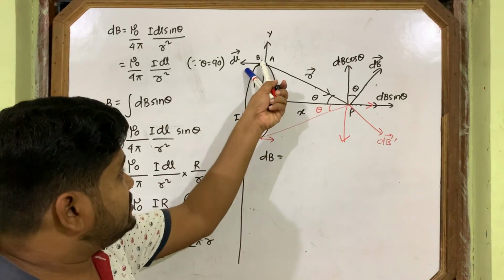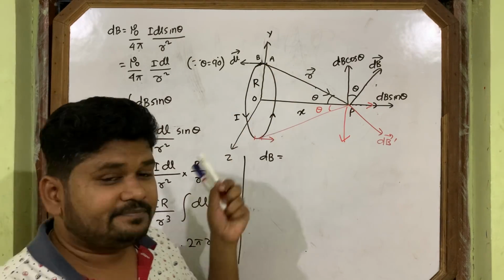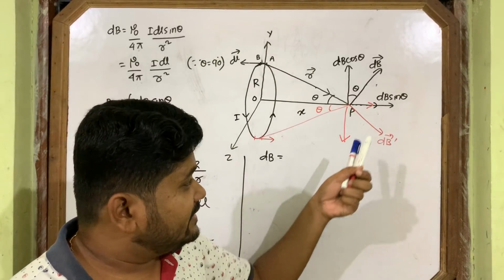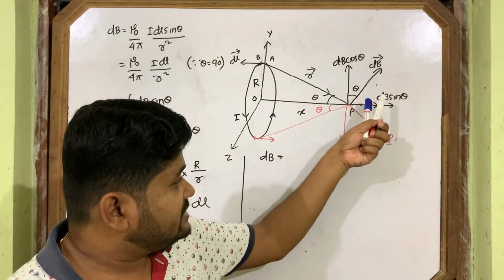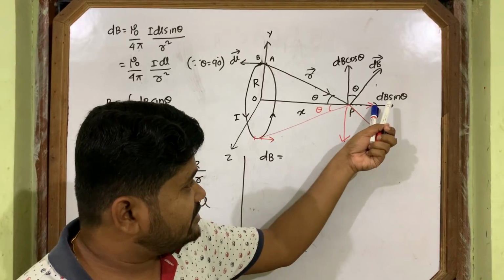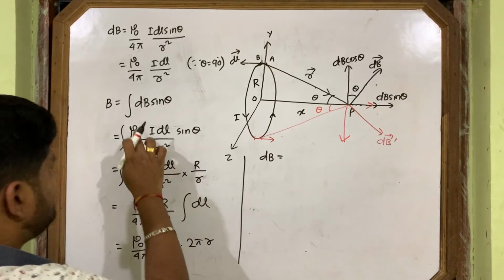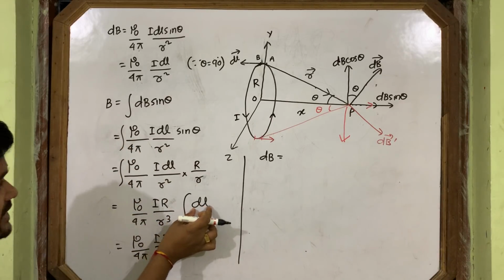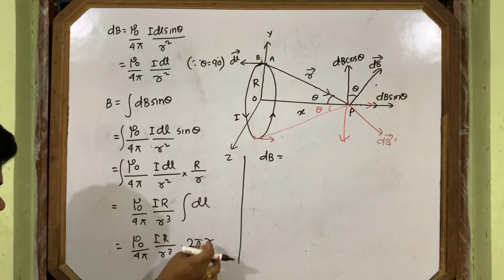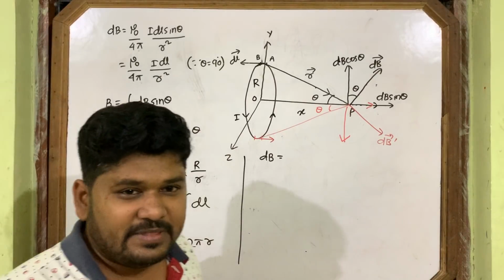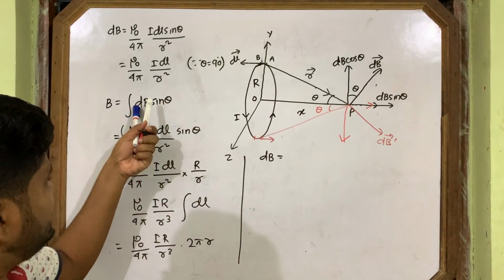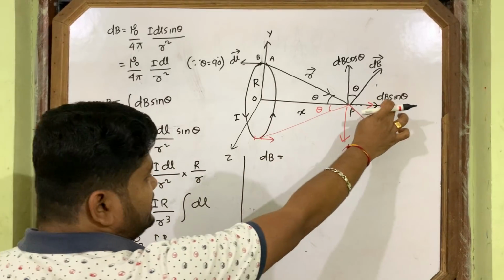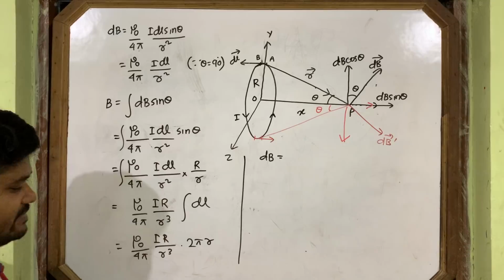Now see what expression of dB is coming. If I consider two small elements at a time, then this will be 2 dB sin theta, because dB sin theta comes from this one and dB sin theta also from the other. You can proceed this way, and the integration of dl will be half the circumference, only pi R. Same thing: you can bring the 2 from here, or add the 2 at last, taking only one component from one small element.